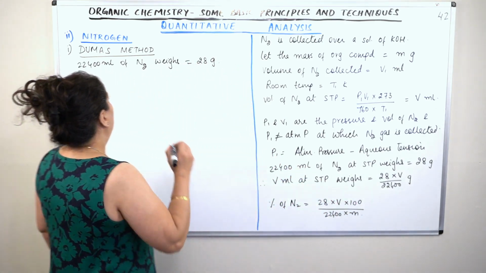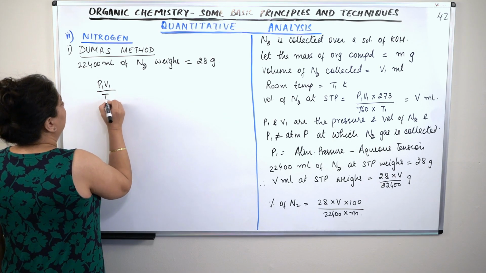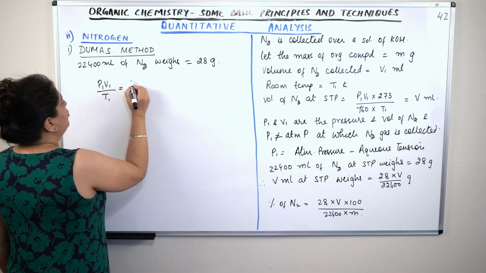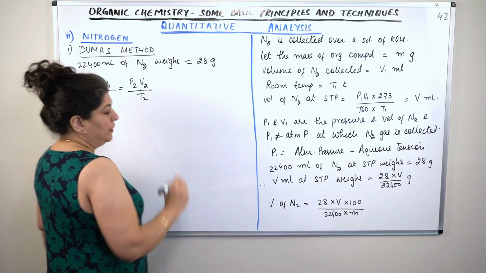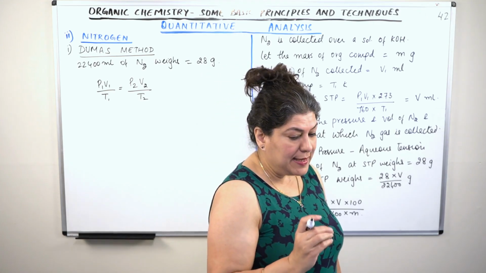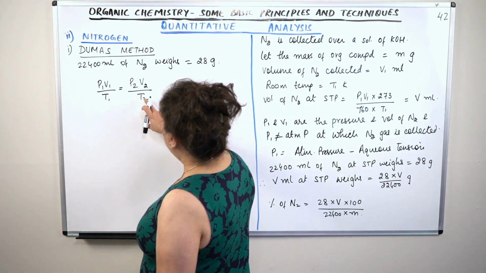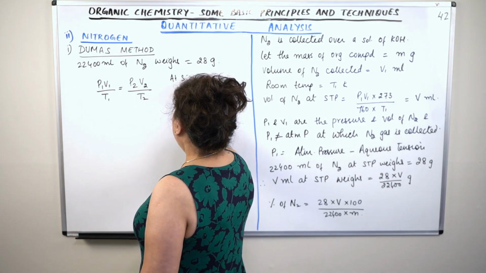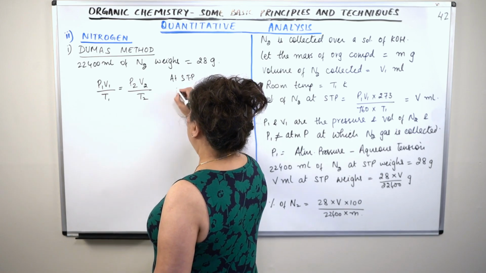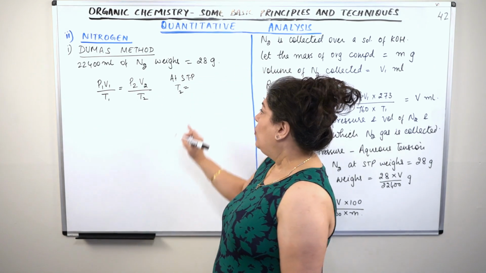So we know that P1V1 upon T1 is equal to P2V2 upon T2, right? Let us say at standard temperature pressure conditions, this is P2V2 upon T2. At STP, what is T2, in other words, what is temperature?